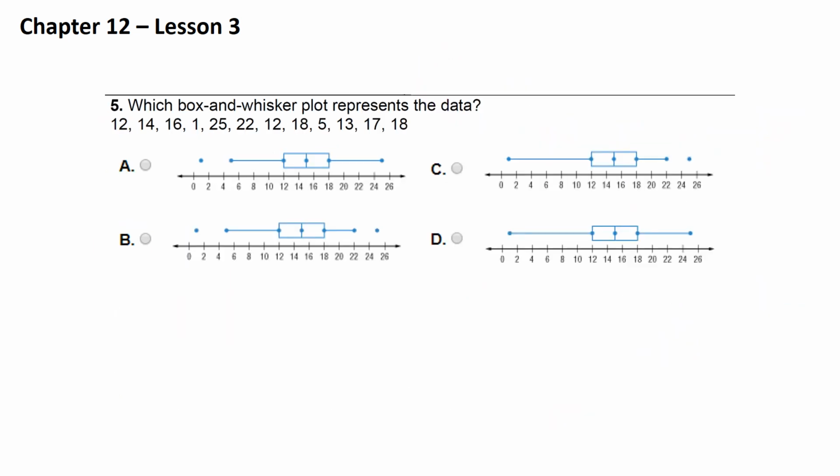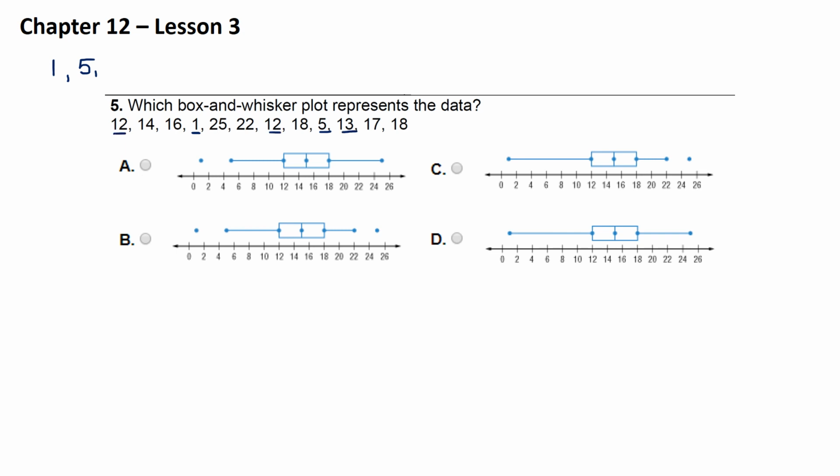Question number 5. Which box and whisker plot represents the data? First, we need to list the data in order from least to greatest. We'll start off with 1, and then 5, then 12 and 13.